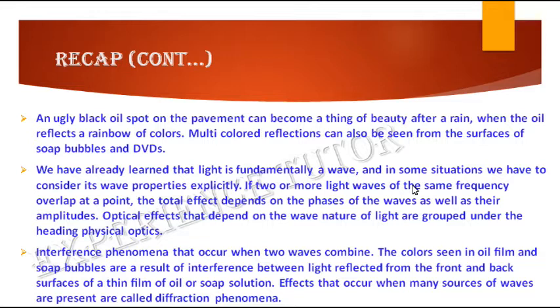An example of interference is that we can see colorful patterns due to an oil film or soap bubbles. This is an example of interference between the light reflected from the front and back surface of the thin film of oil or soap solution.